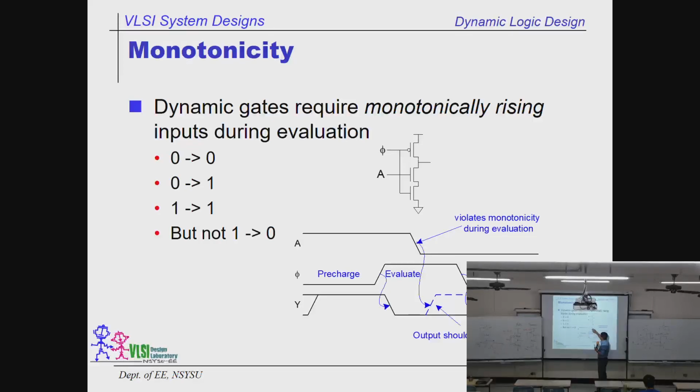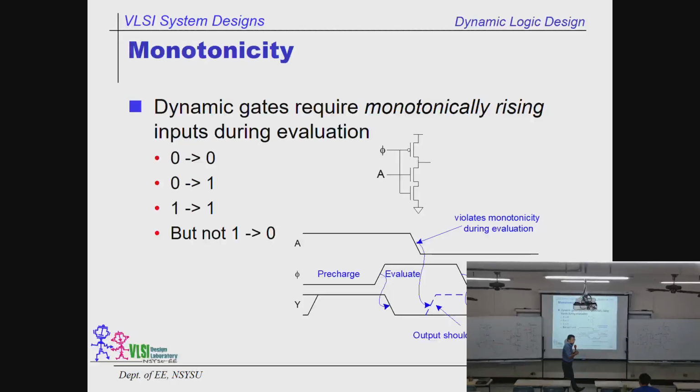When A drops from 1 to 0, we like to have the dash line over here. According to the logic of an inverter, we like to pull high. But the thing is, during the evaluation, the PMOS is turned off. There is no current path to pull high the Y. So logically, this one will be wrong.